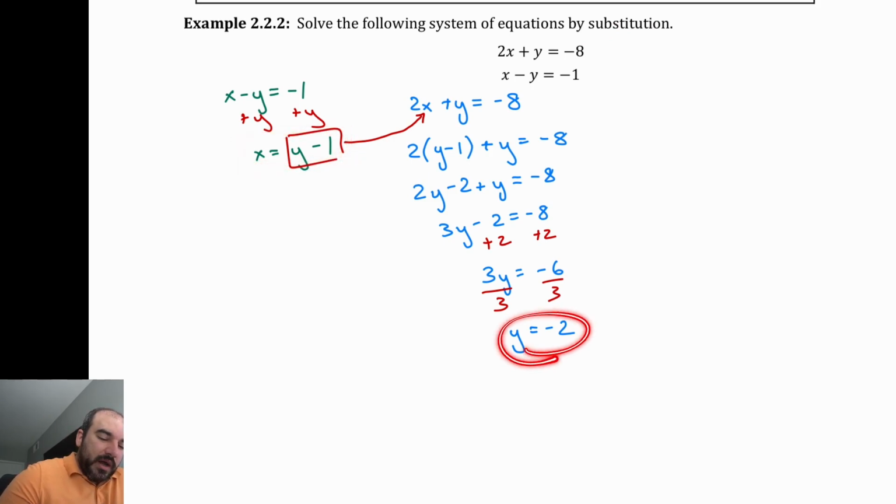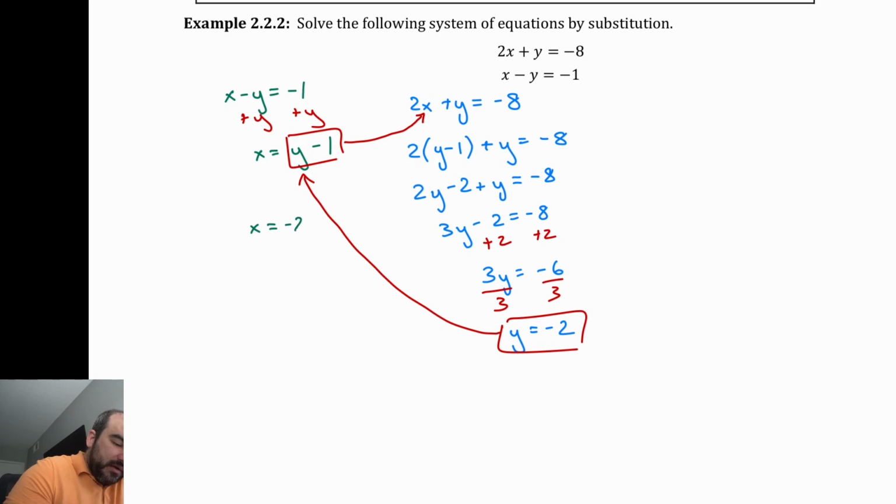So we can take our y here and we can plug it in to this equation. So we'll do that now. We'll take this and we'll plug it into this y here. And so x will equal negative 2 minus 1, which means x is equal to negative 3.